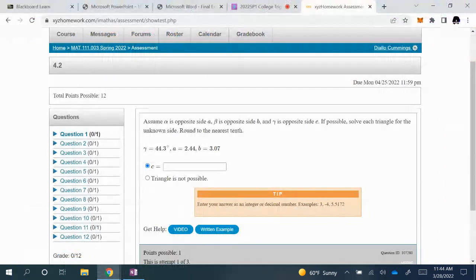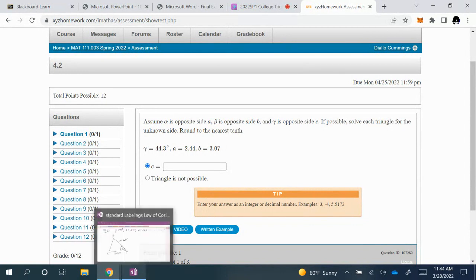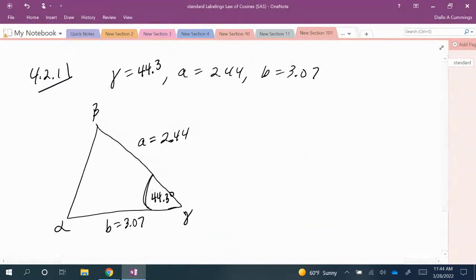So now also notice that I'm given two options. I'm asked to find side C, and it's also giving me the option that a triangle is not possible. Now, the only way a triangle is not possible is if I'm given a side-side-angle set of measurements. Here I'm given a side, an angle measure, and a side length, so this triangle is possible.